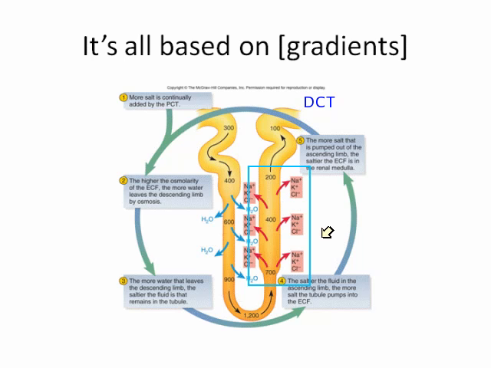It's going to cause more water to be removed. But it's not going to cause more water to be removed on the upswing of that loop of Henle. It's going to cause that water to be removed, wait for it, over here in the proximal collecting tubule going down into that beginning or that descending limb of the loop of Henle.